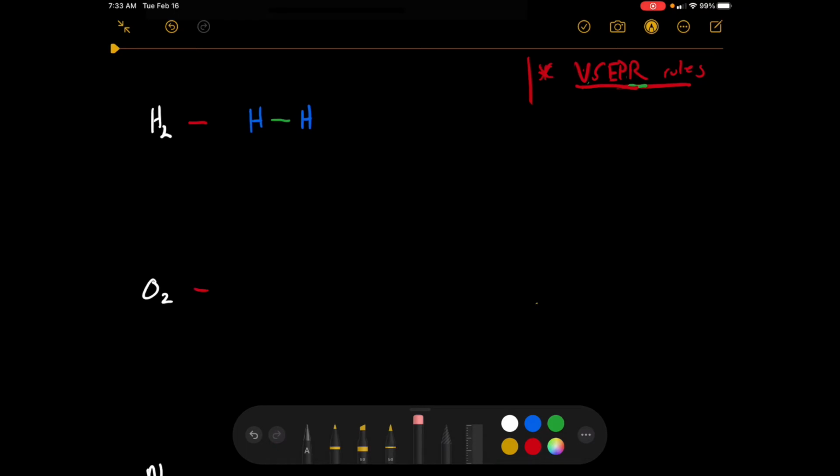Our VSEPR rules are pretty simple too. Number 1, you draw the Lewis dot structure, LDS, okay? Then you count the regions, spaces, places of electron density.